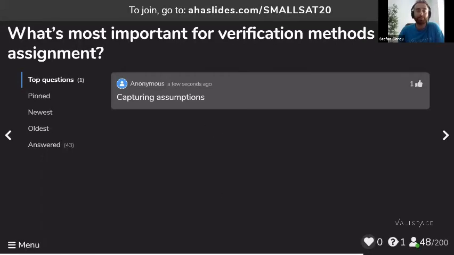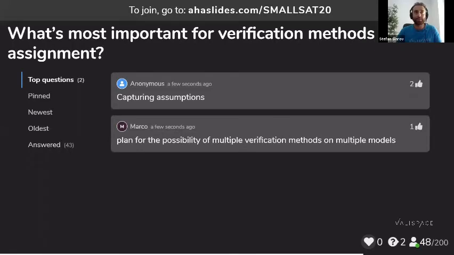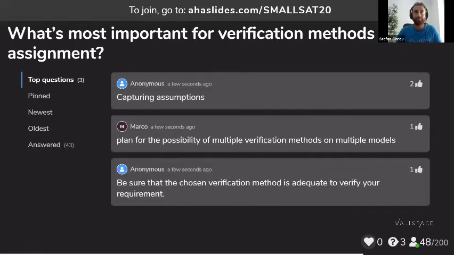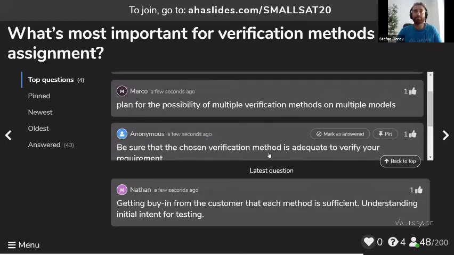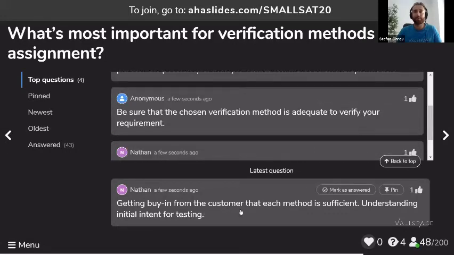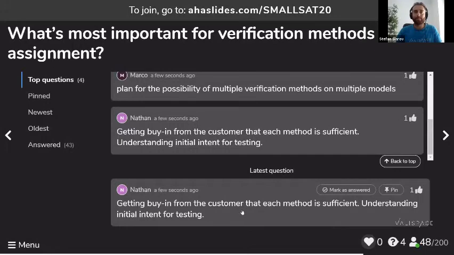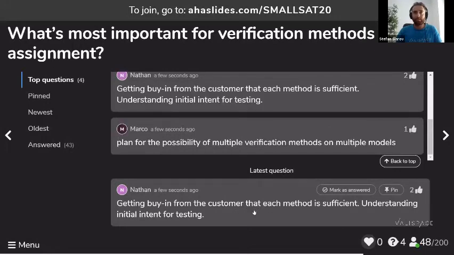Capturing assumptions. Very similar to the rationale behind requirements of the previous one. Make sure the chosen verification method is adequate. Nathan, would you like to expand a bit further on your question?